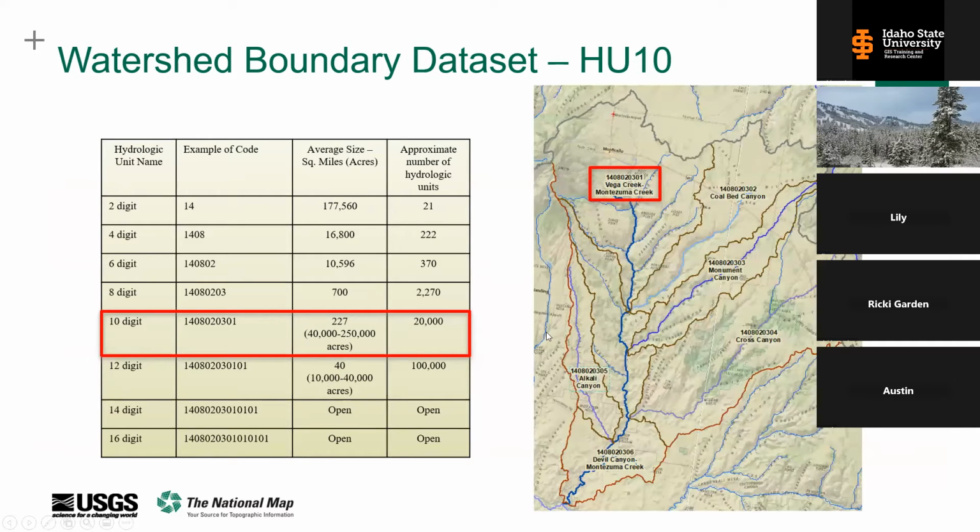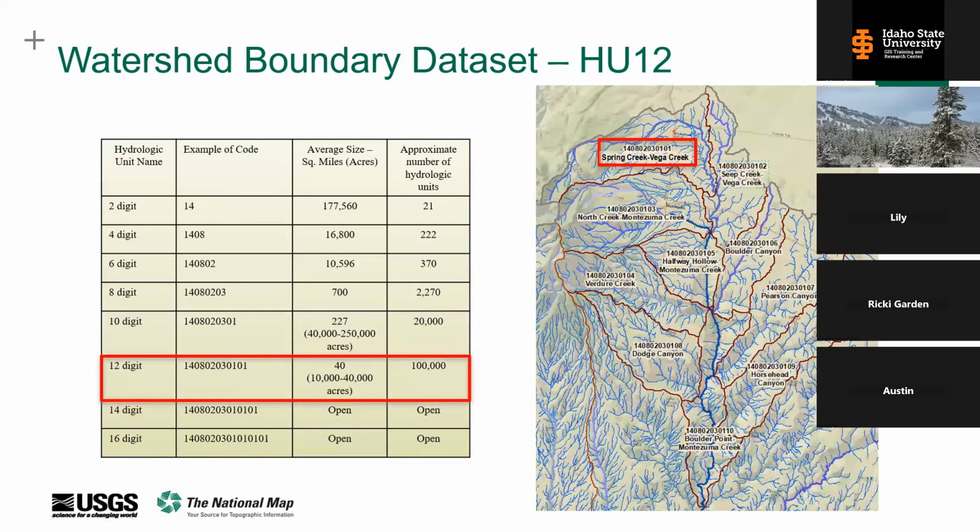Continuing on to our 10-digit hydrologic unit level, we're looking at 1408, 0203, 01. The average size here is 227 square miles, or about ranging from 40,000 to 250,000 acres. And we have an approximate number of 20,000 10-digit hydrologic units in the WBD. At our 12-digit hydrologic unit level, here we are zooming into 1408, 0203, 0101.